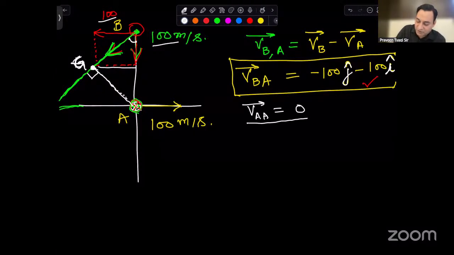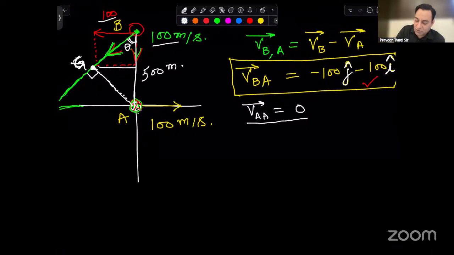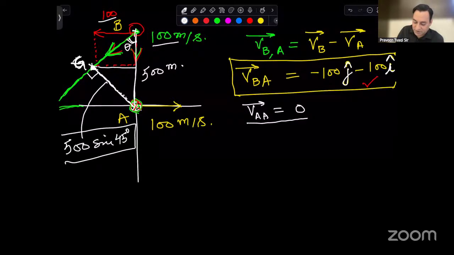If this is 45 degrees and this is 500 meters, which was 500 meters initially, and this is 45 degrees theta, then 500 cos theta will be this GB, and 500 sine theta will be this. That will be 500 sine 45, sine theta. And we would have got the closest distance between A and B.